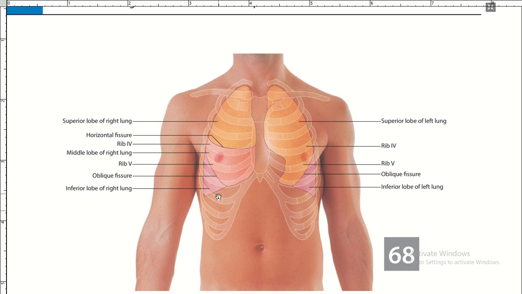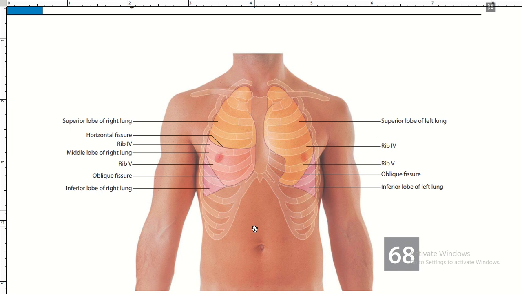So in deep expiration, you have the assistance of the following muscles. The muscles of your abdominal wall contract, which are your external oblique muscle, your internal oblique muscle, and your transversus abdominis muscle. They contract, increasing the intra-abdominal pressure, causing the diaphragm to move upwards to decrease the vertical diameter and decrease the thoracic cavity, thereby promoting expiration.